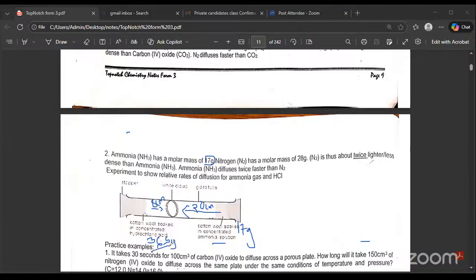Because it is heavier, it will diffuse slower, or at a slower rate, than the other one. That is a very important piece to know. It will guide you on relative or molecular mass and density, where we are talking about direct proportionality.